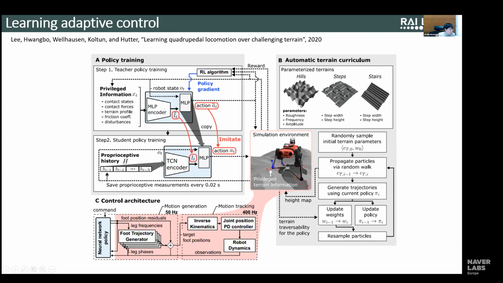On the real robot, because we don't have this information, you learn another network, a TCN encoder, which maps a history of observations to the same latent vector. Once you train this, it will try to capture the information in this latent vector using the history of observations. This is something you can deploy on the real system.